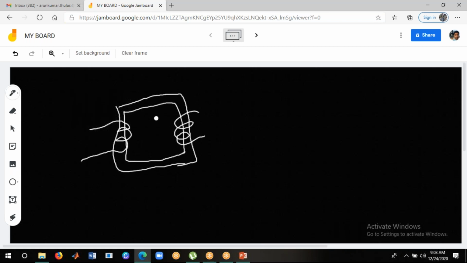So this is the transformer. This circuit represents the primary winding, and this circuit represents the secondary winding. Now we need to convert this entire transformer, which consists of primary and secondary, into an equivalent circuit.